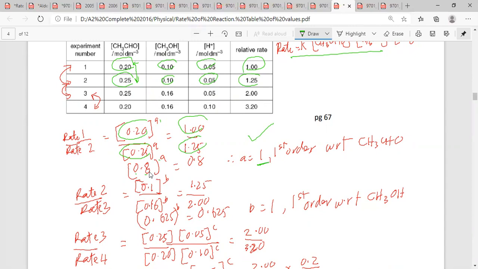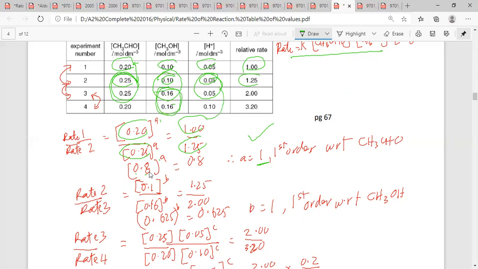And 2 and 3, of course, you can see that these two are the same, so you can find the order with respect to your methanol. Same thing here, substitute inside here, first order. Now the third one, you cannot compare, there's no same, only this one is the same. But it's okay.